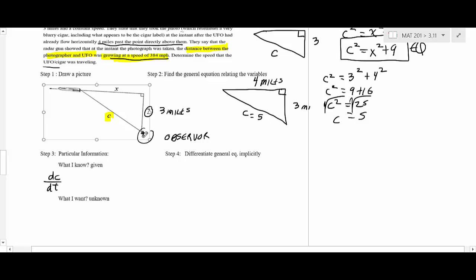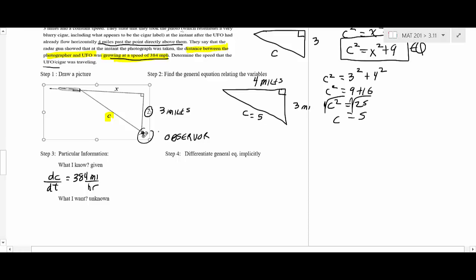You've got to read these problems super carefully and know what everything represents. So that rate right there is something that we know. That's going to be 384 miles per hour. The reason I'm using that as a positive is because the UFO is going away from this person. It's moving away, so we have that.